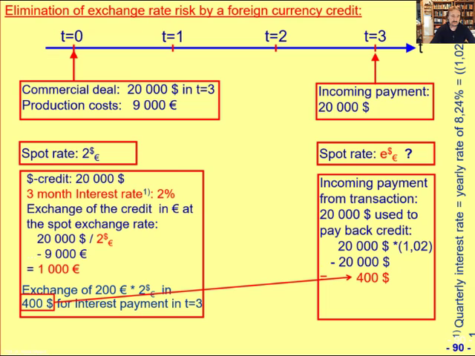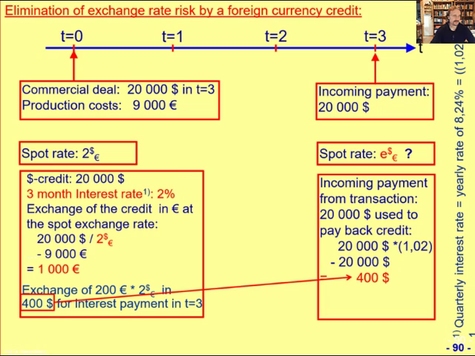In this way, we will make sure that we are able to pay back our credit 3 months ahead with the help of the incoming money from our sales deal of $20,000 plus the $400 which we have laid back in the present for the interest payment.